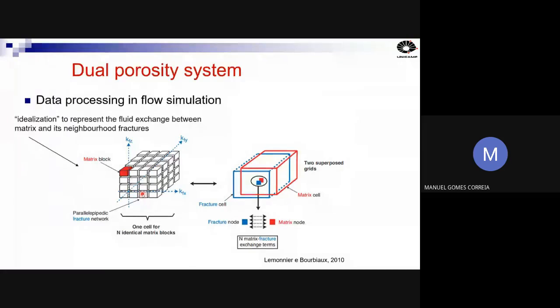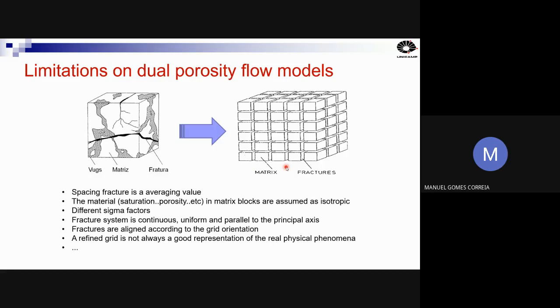So with the increase in fracture spacing, you have fewer matrix blocks, okay? So this is a kind of idealization. And you can study, there are a lot of references that show how it works, okay? But the most important is this side, okay? That you have two grids, fracture cell, matrix cell, and we have a term that is the matrix to fracture fluid transfer term. I'm going to talk about this formulation, okay?